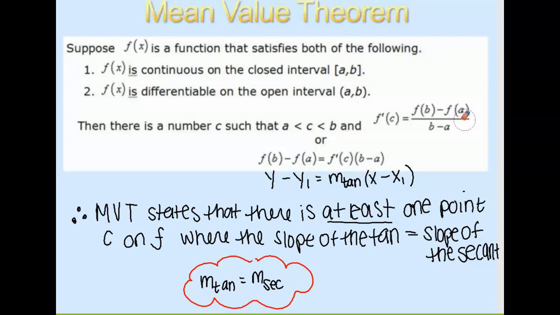The mean value theorem guarantees there exists a point at which the derivative equals the average. So slope of the tangent equals slope of the secant.